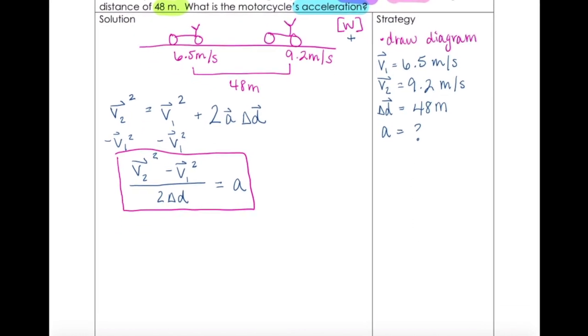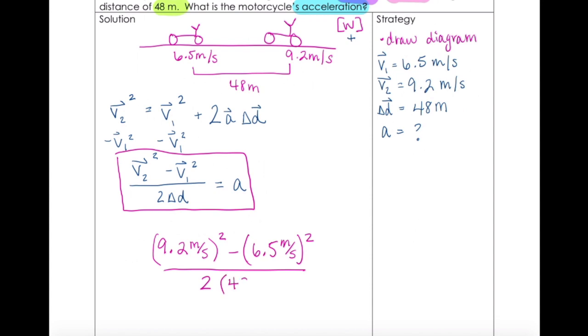All right, so plugging in the values, we have v2, which is 9.2 meters per second, and that's squared, minus v1, which is 6.5 squared, all over 2 times d, which is 48.